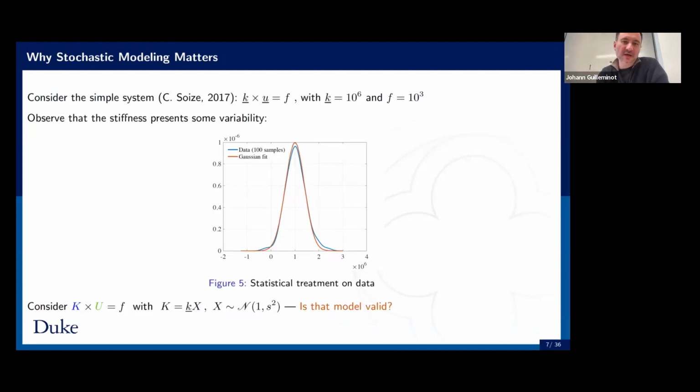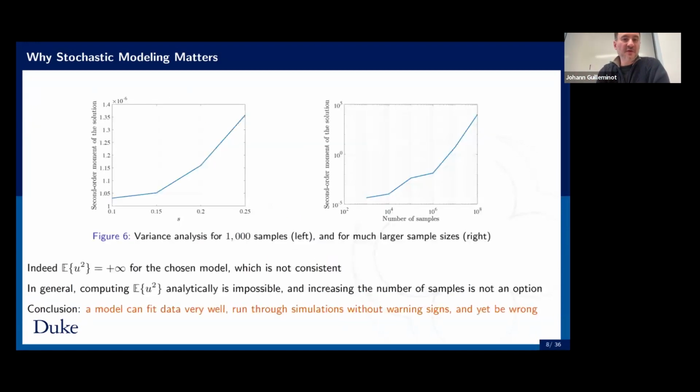And the question I'd like to ask is: is that model valid? Can I even work with that? So if you assume this, you can calibrate your model and you can run computations. If you just focus on the figure on the left, on this horizontal axis, this is essentially the variability of my input. And what you have on this vertical axis is the variability of my output.